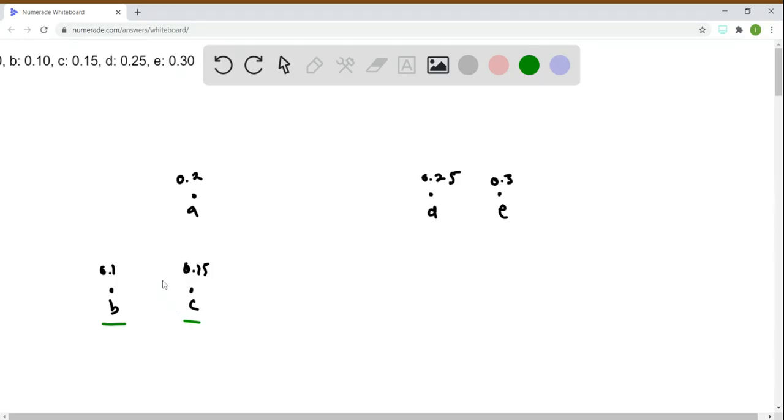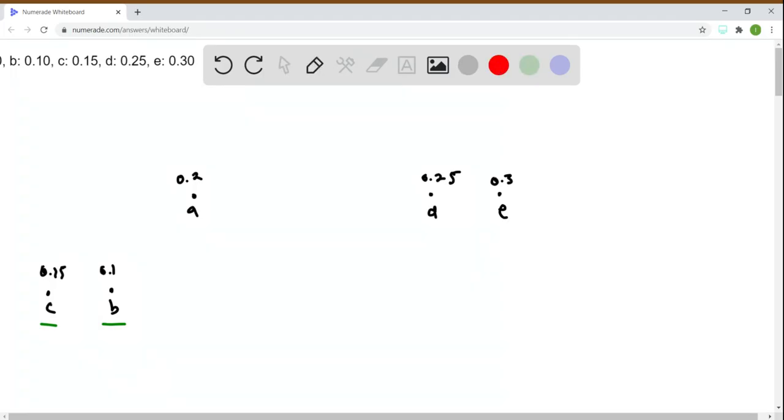What we want to do is turn this into one tree. And the idea, remember, is we want to put our more frequent letter to the left because that would be represented by a 0. And then we're going to put the less frequent to the right, which is going to be represented by a 1. So that means we want to put C to the left of B.